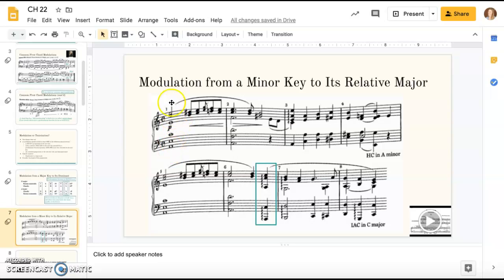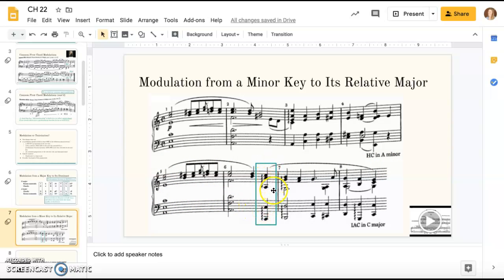So here we have this nice A minor chord, and we can tell that we're in A minor because we have some of this melodic minor movement, and we have this harmonic minor G sharp in here. So we can see this half cadence in A minor, and then we're traveling.